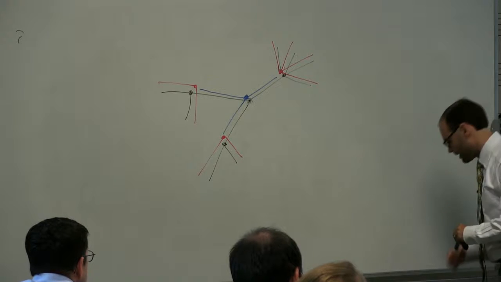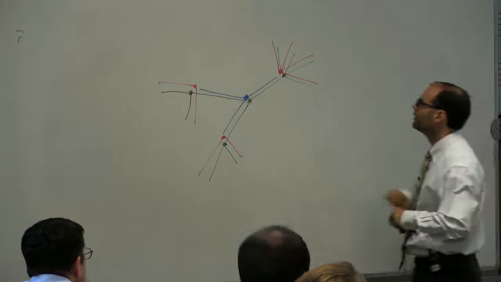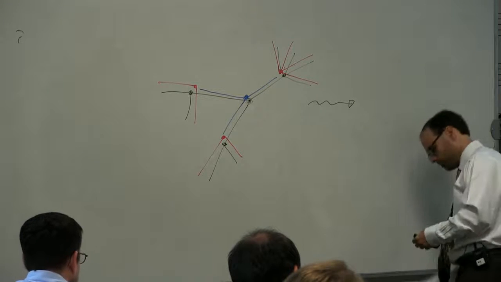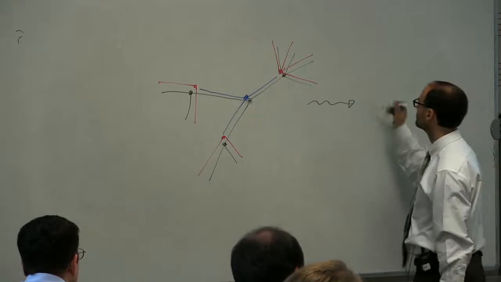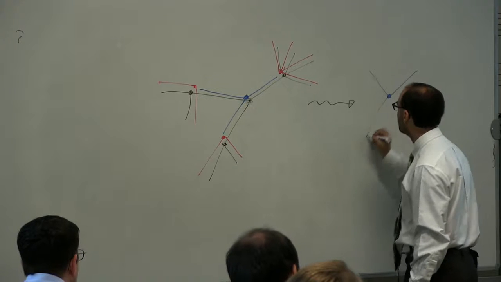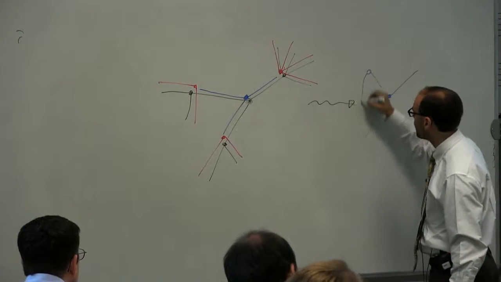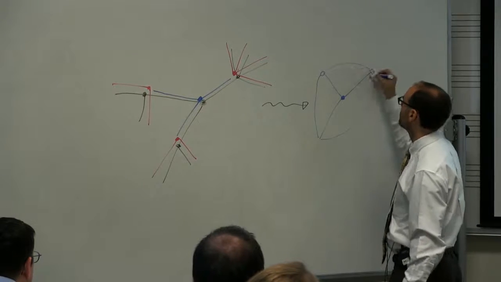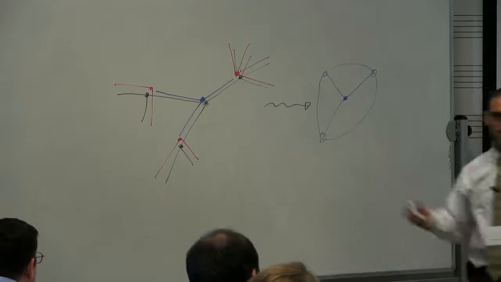In essence, what I'm doing is building up the following picture. But now each of these guys here are all glued to the point at infinity. And you ask, how many loops are here?